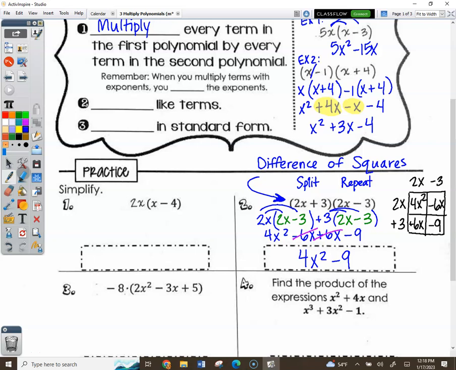What's a perfect square? Throw one out. 4 is perfect because it comes from 2 times 2, right? 9 is a perfect square because it comes from 3 times 3.